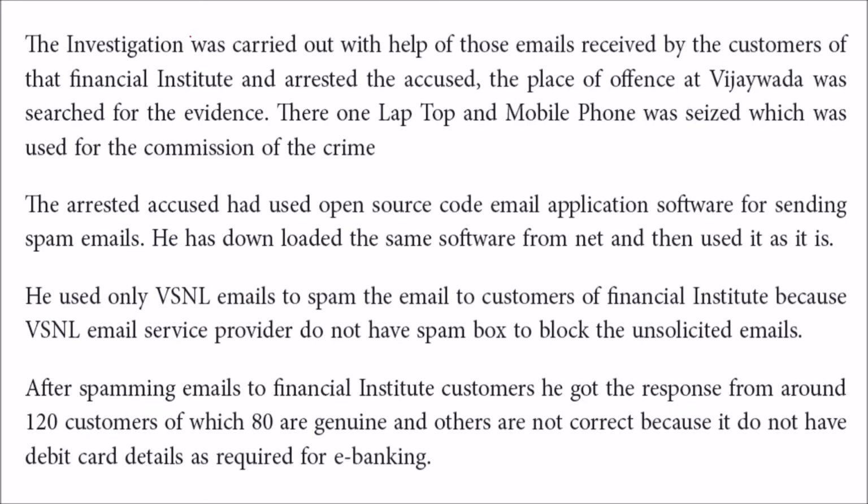So the investigation traced where these emails had come from and were received by the customers of the financial institute. The accused were arrested, and the place of offence at Vijayawada was searched for evidence. One laptop and a mobile phone, which were used for the commission of the crime, were seized.